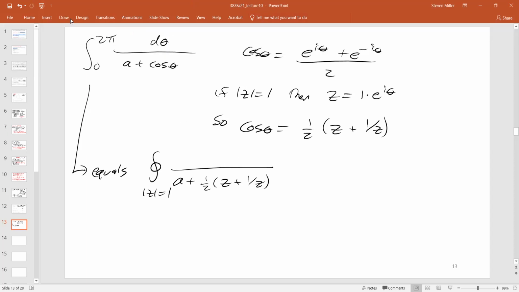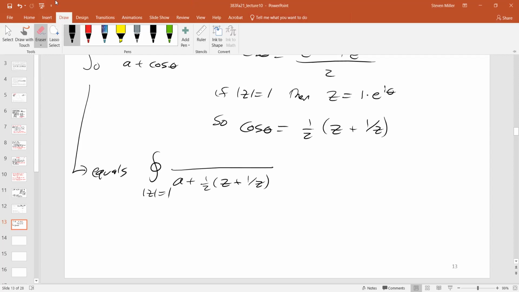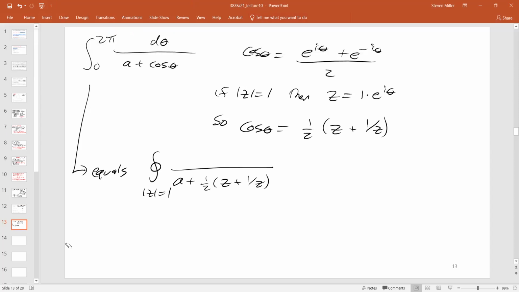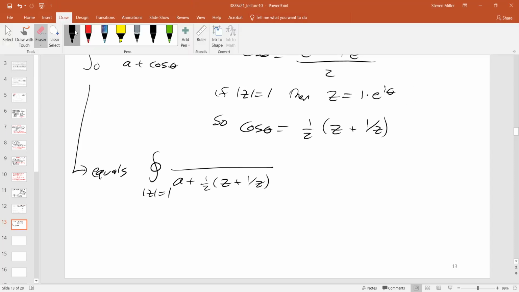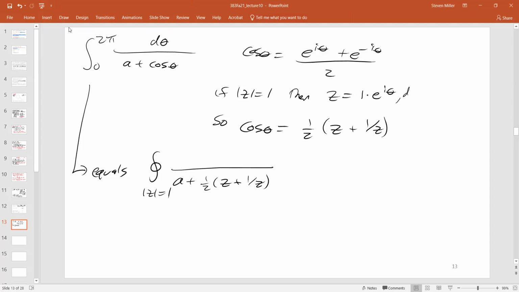What should come up there? So if z is e to the I theta, what would dz be? So e to the I theta, I d theta, right? Which is just I z d theta.